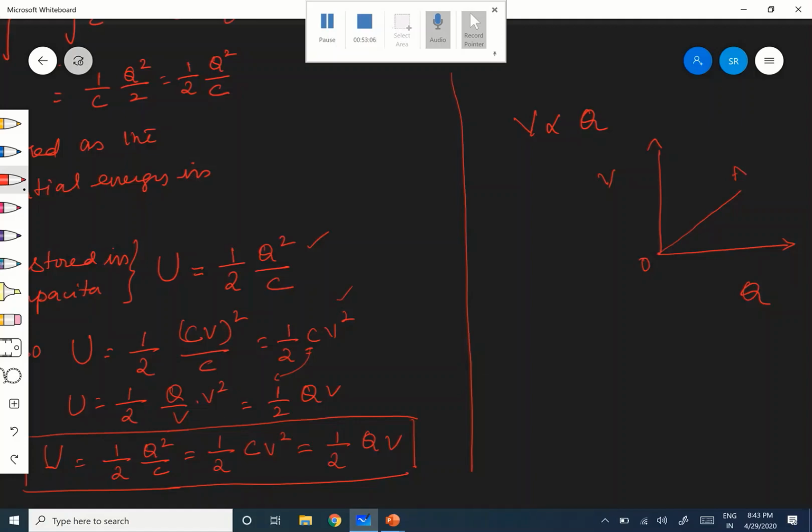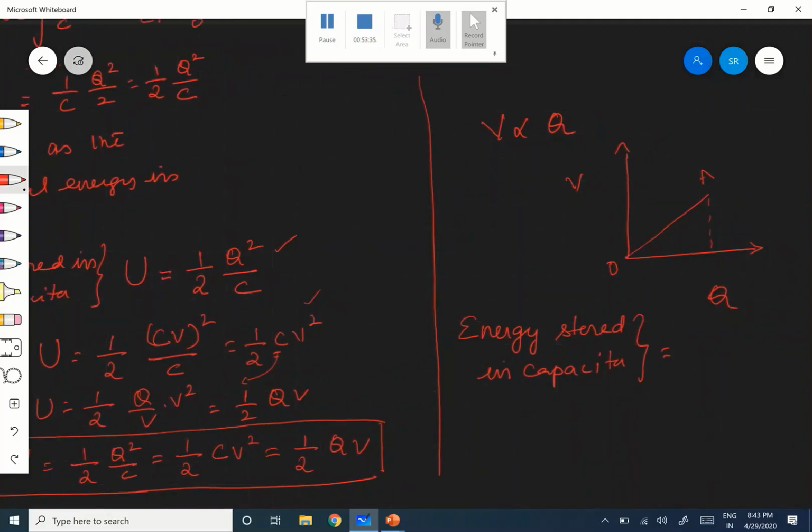From this graph I have to find out the energy stored in the capacitor, as we have done many times with the graphical method. The QV graph gives the area.